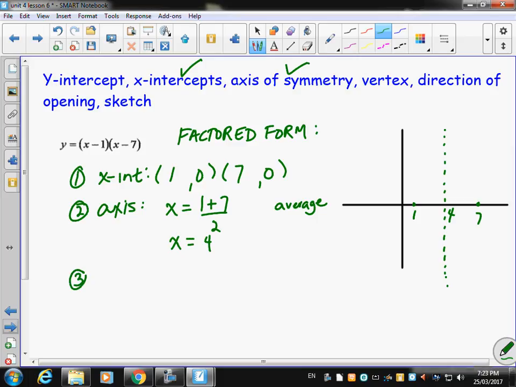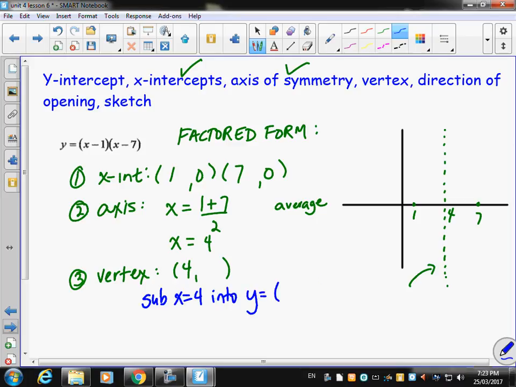Next thing to find would be the vertex. We know the vertex is on the axis of symmetry, so its x value is going to be 4. Now I know this one opens upwards actually, so I know my vertex is down in this bottom quadrant somewhere. If I want to find the exact value of the vertex, I'm going to need to substitute x equals 4 into the equation.